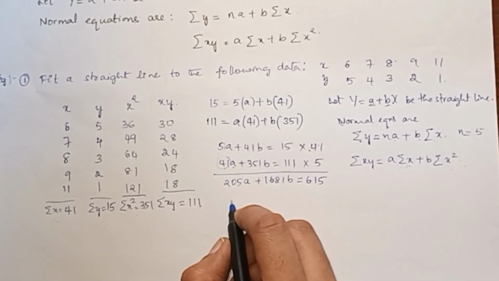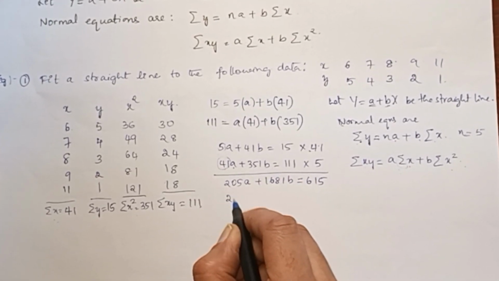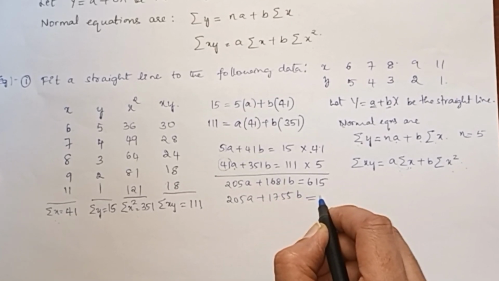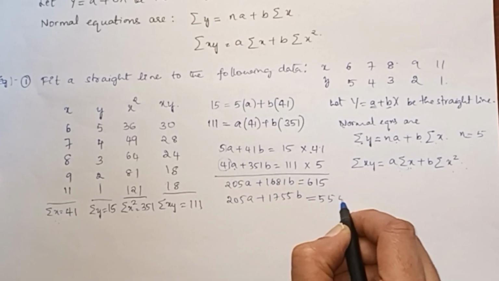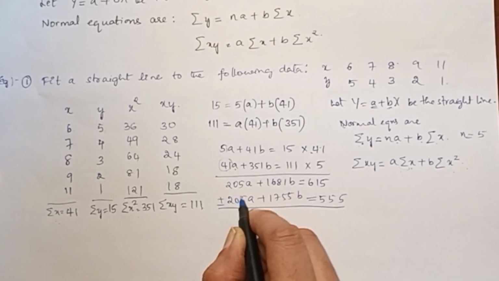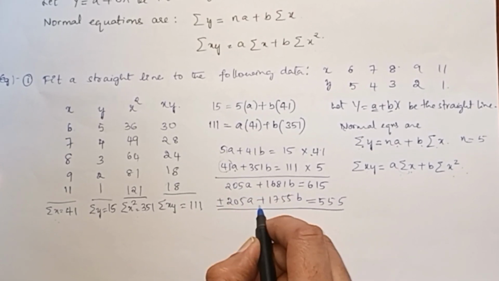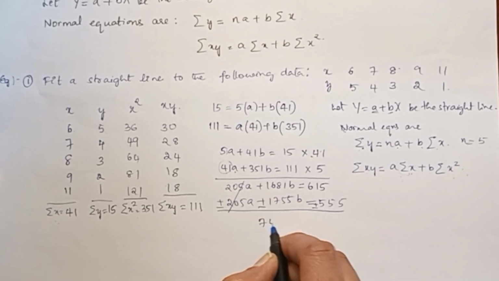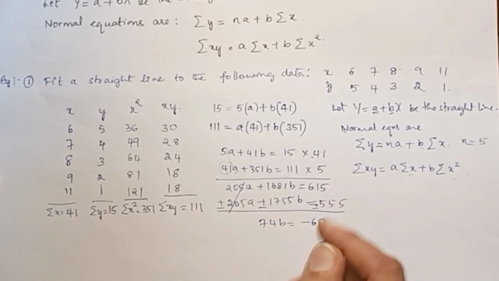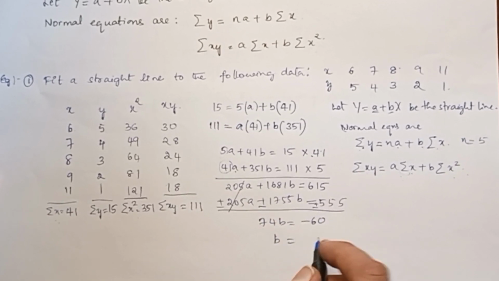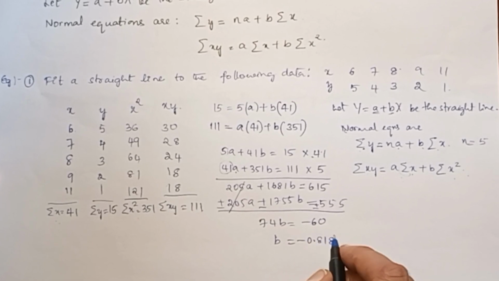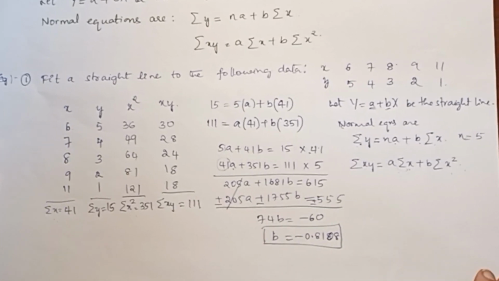Then second equation is 205a plus 1755b equal to 555. Simplify this, means here it is subtracting, change the sign. This cancels and you will get here 74b equal to minus 60. So b comes out to be minus 0.8108. This is the value of coefficient B.